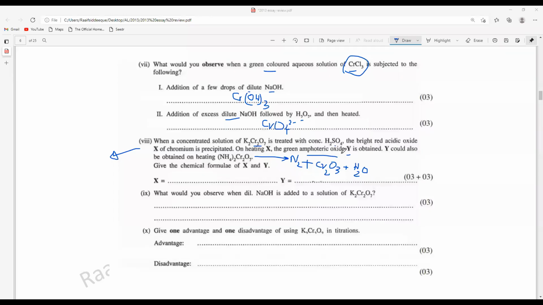Okay, so what is this bright red acidic oxide? Typically, if you know your chromium chemistry really well, it should be CrO3. Okay. And on heating X, the green amphoteric oxide is Cr2O3, which is Y here. And Y also could be obtained by heating this one.